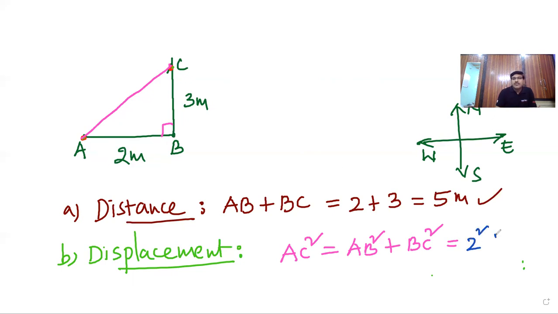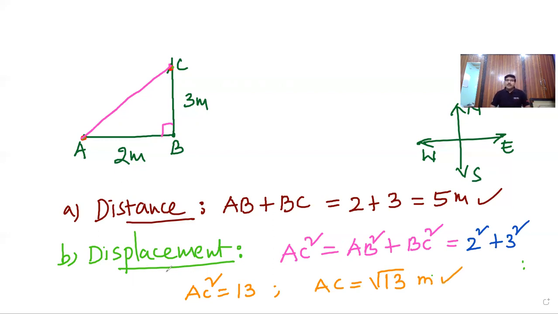So AC square is equal to 4 plus 9, 13. So AC is root 13 meters. This is the displacement. Clear?